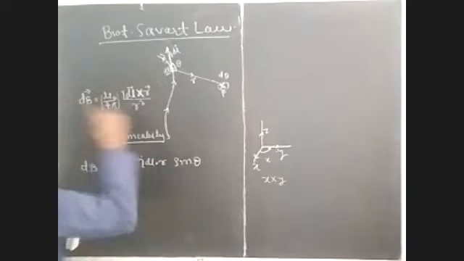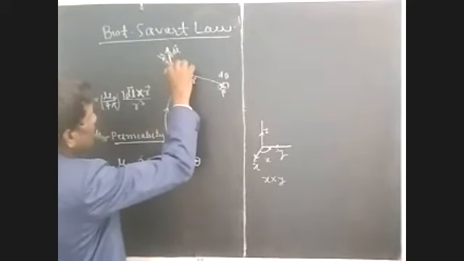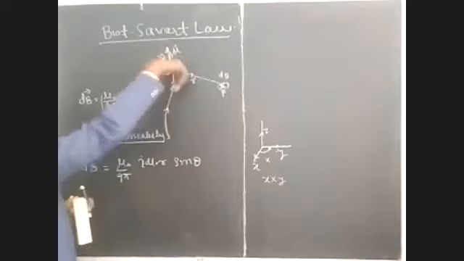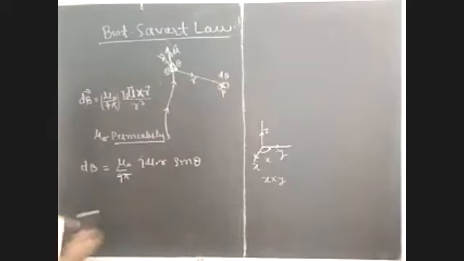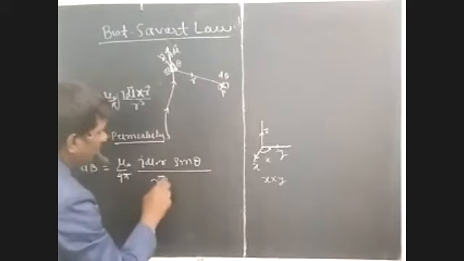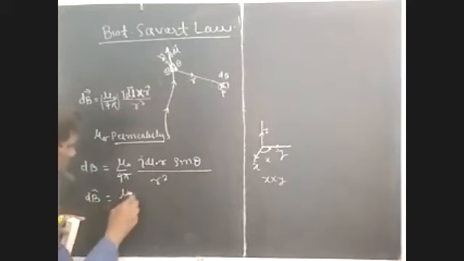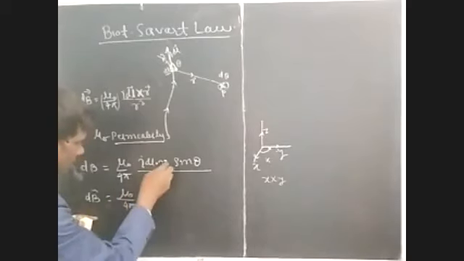Sin theta is the angle between IDL and R, this theta, and this is like this as anti-clockwise moving, and then when we rotate it like this, the thumb goes inside, and therefore it is inside, okay, and then it is the R cube.